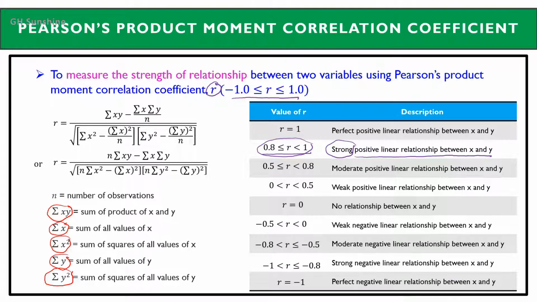Let's say when you calculate R equal to 0.6871.